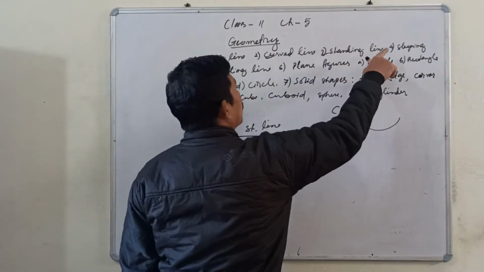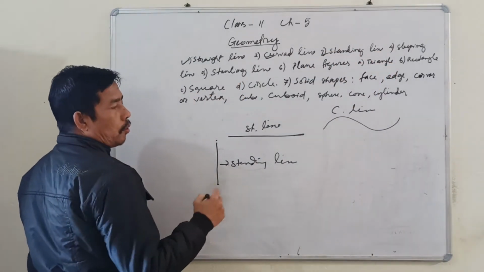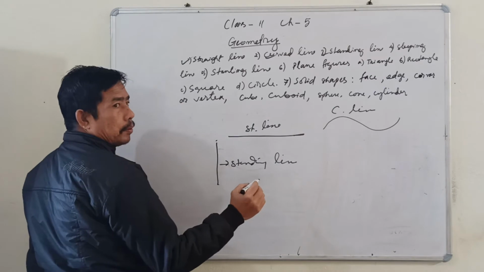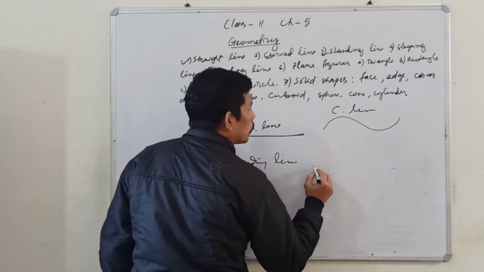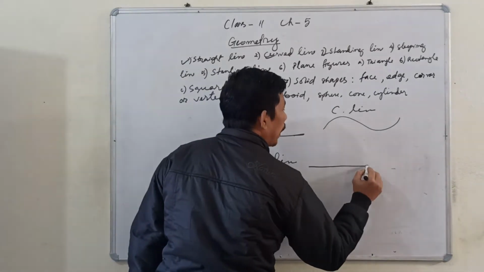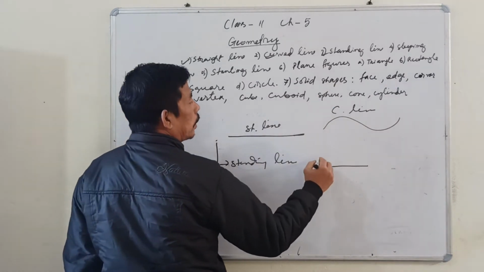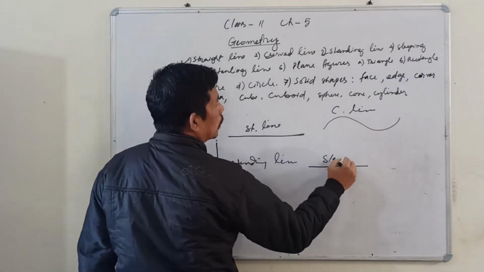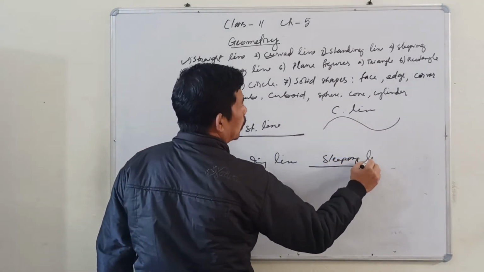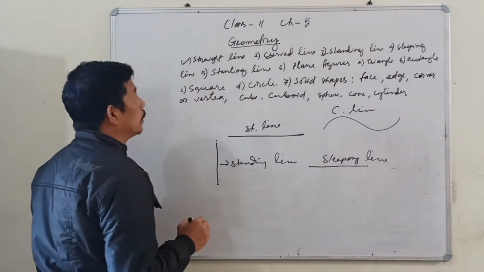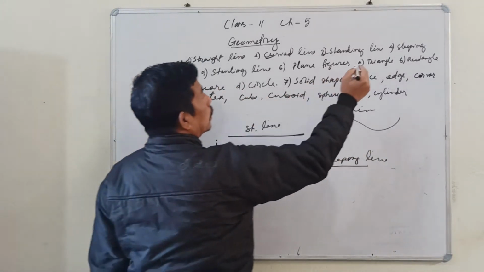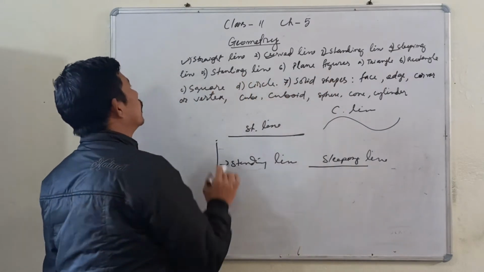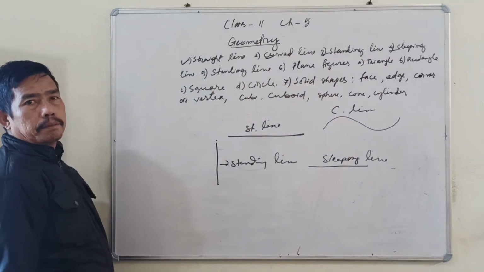Then sleeping line. When you are sleeping, how is the position of your body? Your position will be like this on the bed. So this is known as a sleeping line. Then next, slanting.